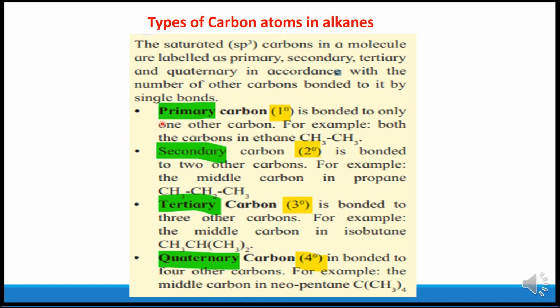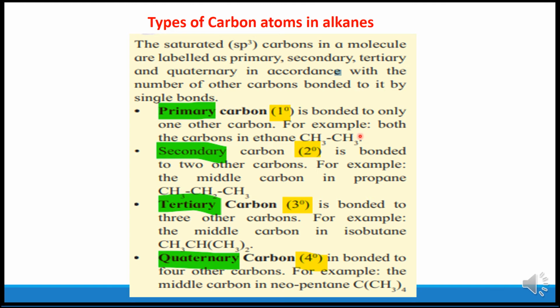The first type is primary carbon. Primary carbon is also called 1-degree carbon. 1-degree carbon is the carbon atom which is bonded to only one other carbon atom, and the other three valencies of carbon would be fulfilled by bonding with hydrogen only.